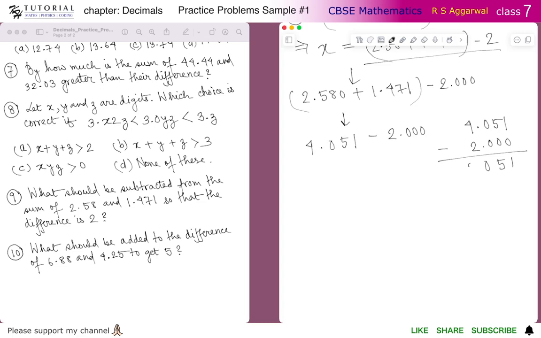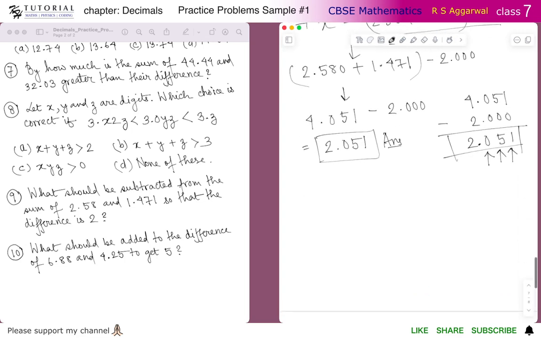Since the decimal places of the two decimal numbers 4.051 and 2.000 is 3, the decimal point in the result will be 3 digits from the right. So the answer is 2.051.